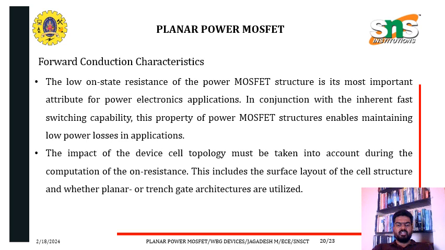The low on-state resistance of the power MOSFET structure is its most important attribute for power electronic applications. In conjunction with the inherent fast switching capability, this property enables maintaining low power losses in the applications. The impact of the device cell topology must be taken into account during the computation of the on resistance.